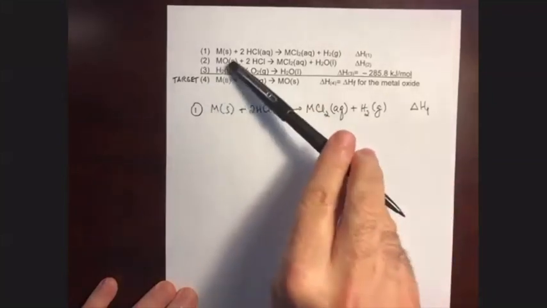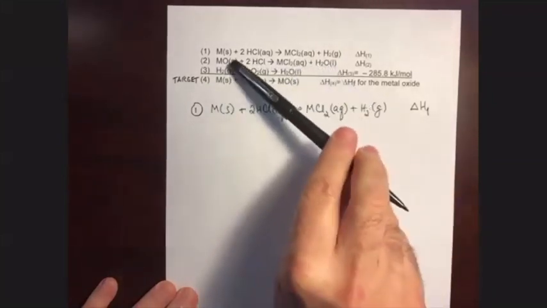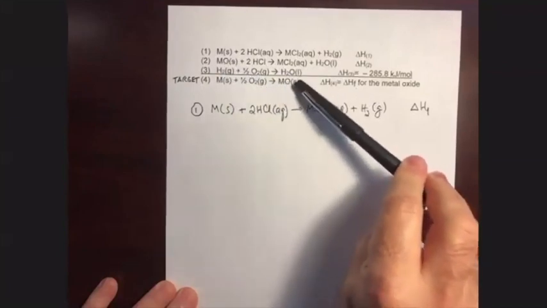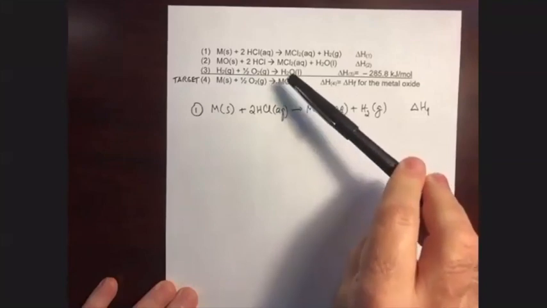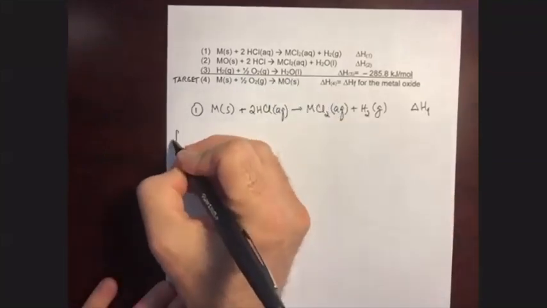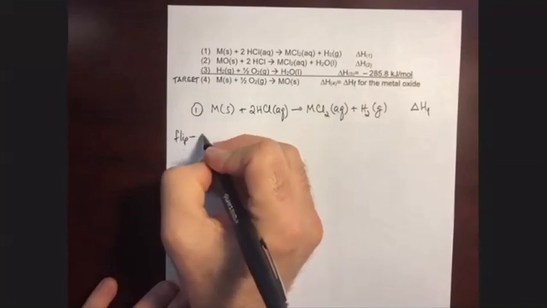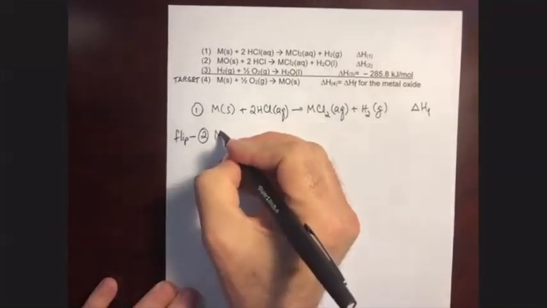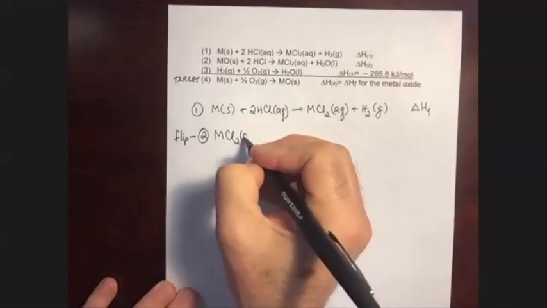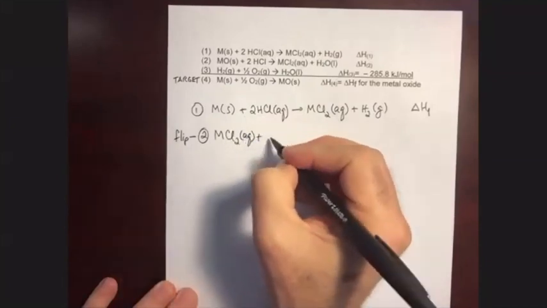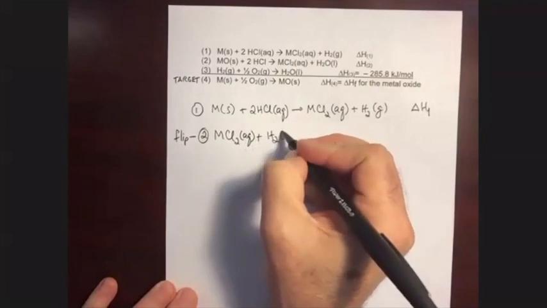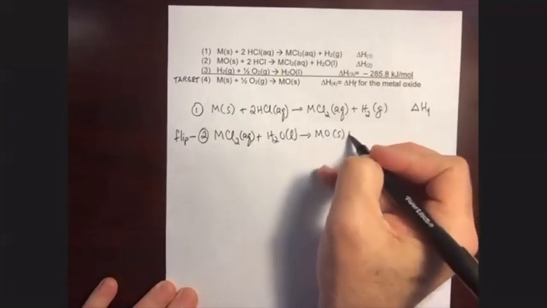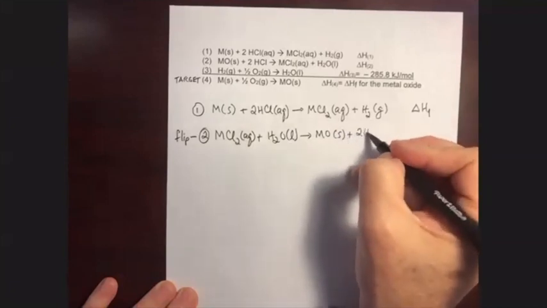Okay, the second equation here has the same, but it's for the metal oxide. However, we want the metal oxide to be a product in our target equation. So what we're going to do is flip this reaction, and the flipped reaction number 2 would behave as if the metal chloride solution is reacting with water to give us the metal oxide and the HCl.